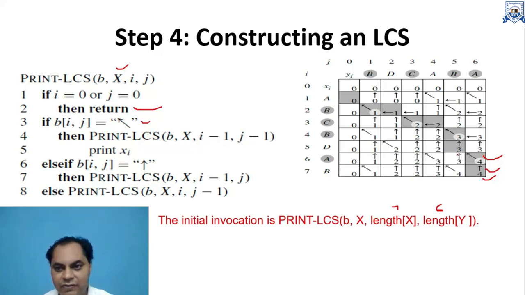So that would be this 6 5, and print X[i], that means this particular character would be included in the LCS, as you have circled here. It's already highlighted in this example, that means this is part of the LCS. So again you have to call this now, and this time the call would be b, X, 5 5.